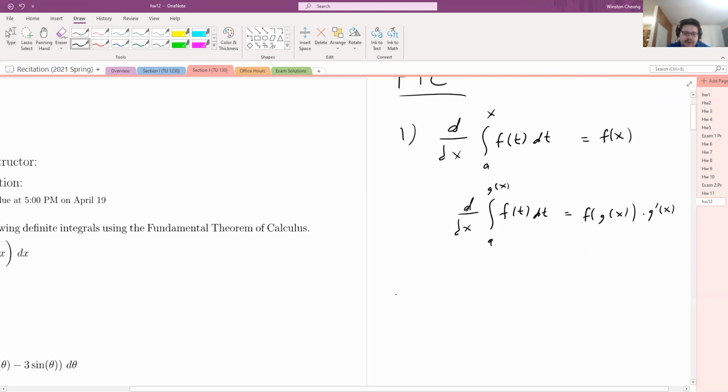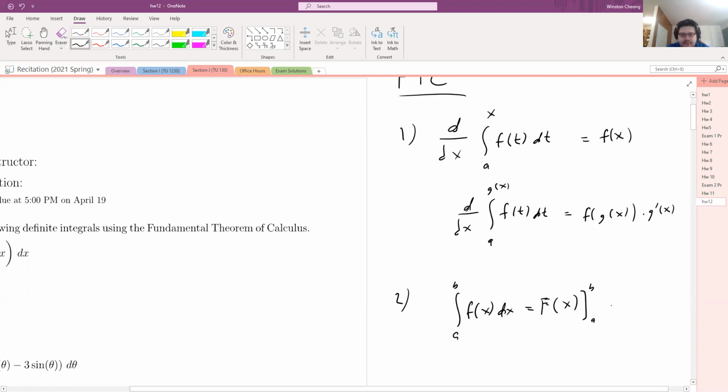Now let's see what happens with FTC Part 2. It says something kind of different. The integral from a to b of f of x, this time we don't need a different variable, with respect to x. What it's telling us is that we can calculate this as an evaluation using the antiderivative.